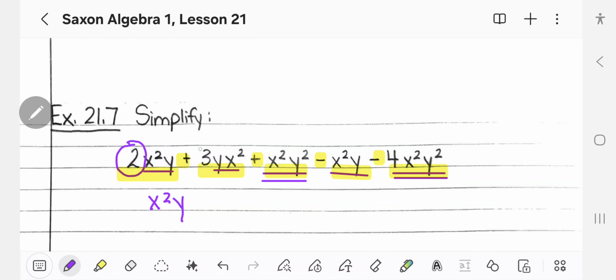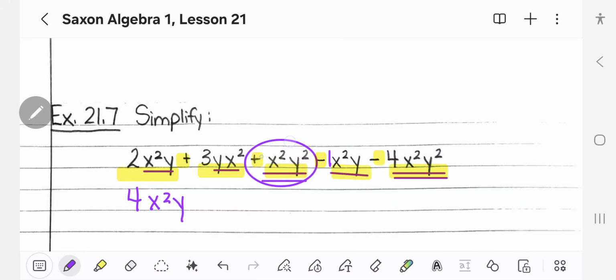We have 2 of them plus 3 more of them, which gives me 5 of them. And then I'm taking away how many? Well, there's 1, right? So I've got 2 plus 3 is 5, and then I'm taking away 1. So there's 4 of them. Then I'm going to count up my x squared y squareds.